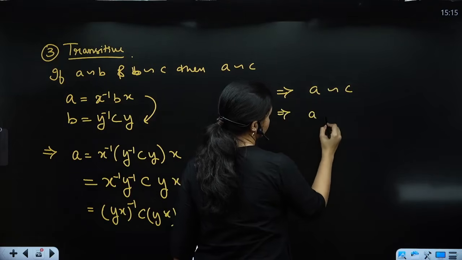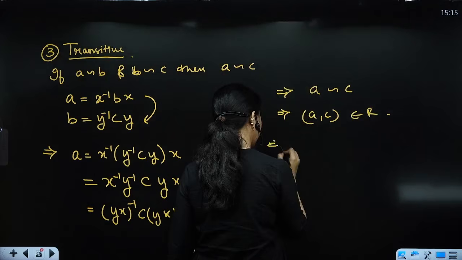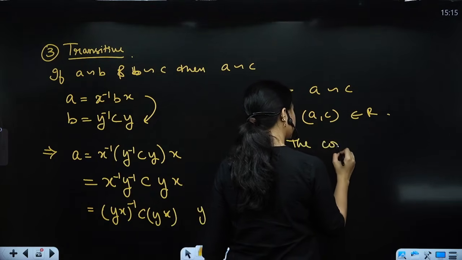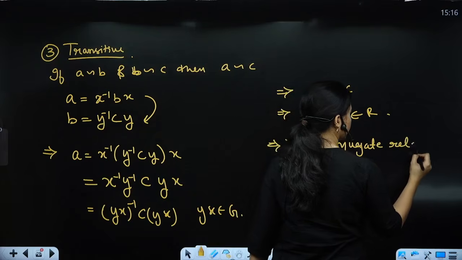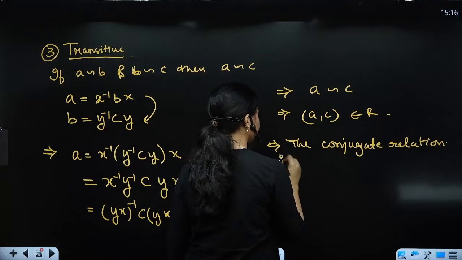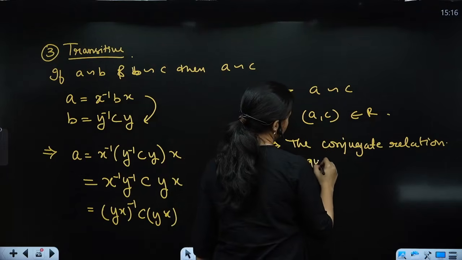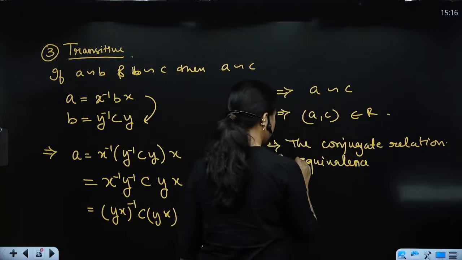This implies that a comma c belongs to the relation, right? So this implies that the conjugate relation is an equivalence relation.